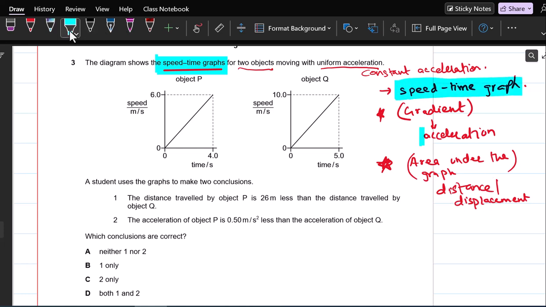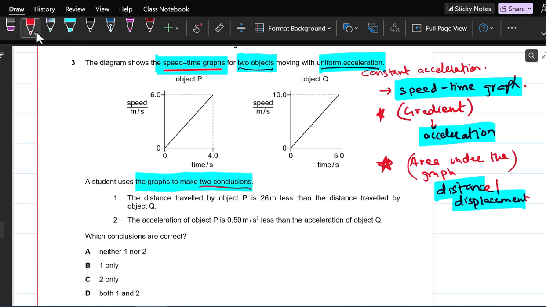So the physical quantities are acceleration and distance, and the speed time graph of two objects moving with uniform acceleration is given. A student uses the graphs to make two conclusions.